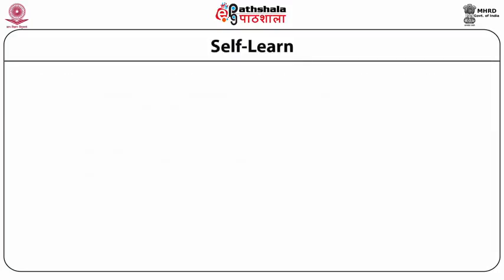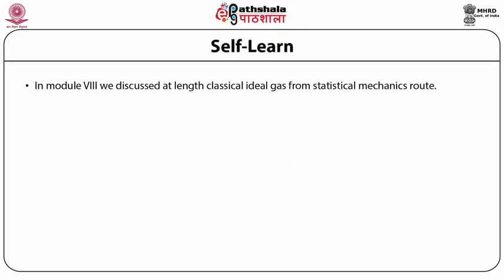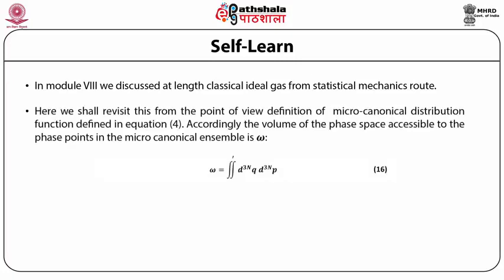Now we will look at the second application, which is our prototype example called classical ideal gas. In module 8, we discussed at length classical ideal gas from the statistical mechanics route. Here we shall revisit this from the point of view of the definition of microcanonical distribution function defined in equation 4.